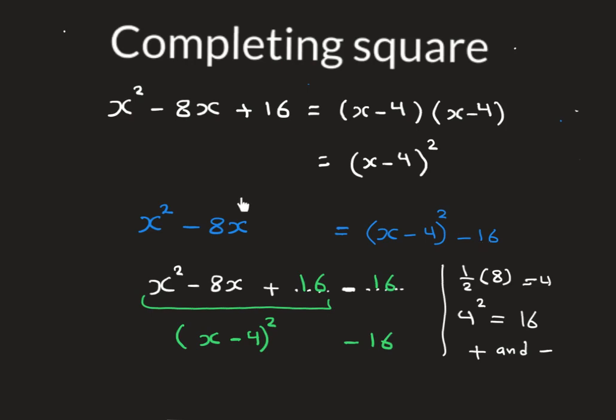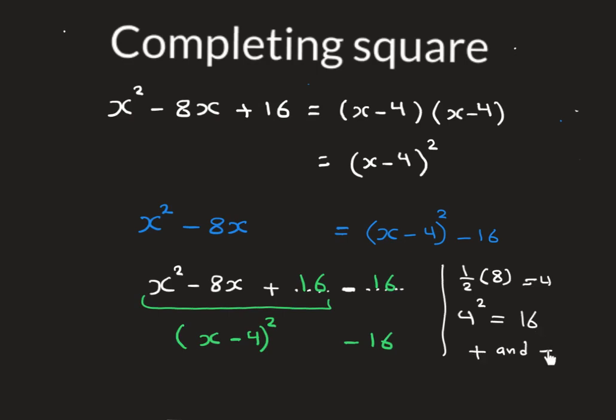Now we can use a rule: if we have x squared plus or minus a multiple of x, we can convert it to vertex form directly. We have x squared minus 8x. Take half the coefficient of x, which is half of 8, which is 4. Then square this number, 4 squared equals 16.